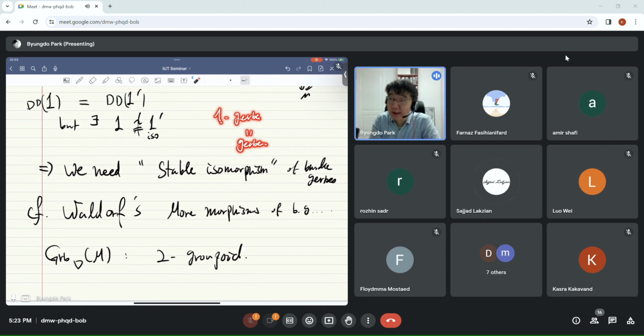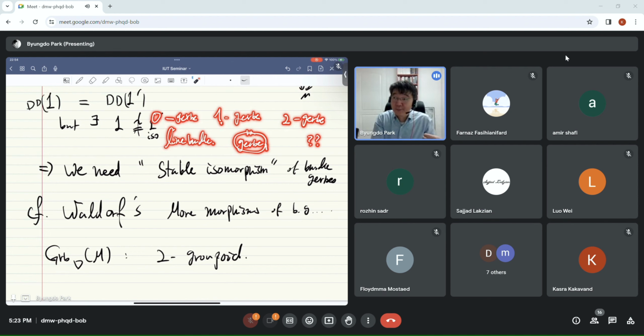Because there's the usual gerb, the historical one, but then people found there are higher analogs of gerbs, right? Zero-gerb would be the line bundles. Then you might ask, what is the higher analog? Like, what is a two-gerb? That's your question, right?